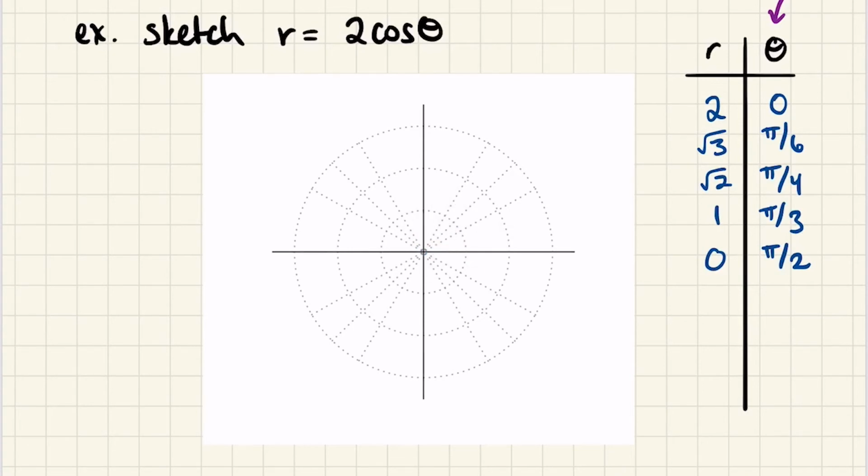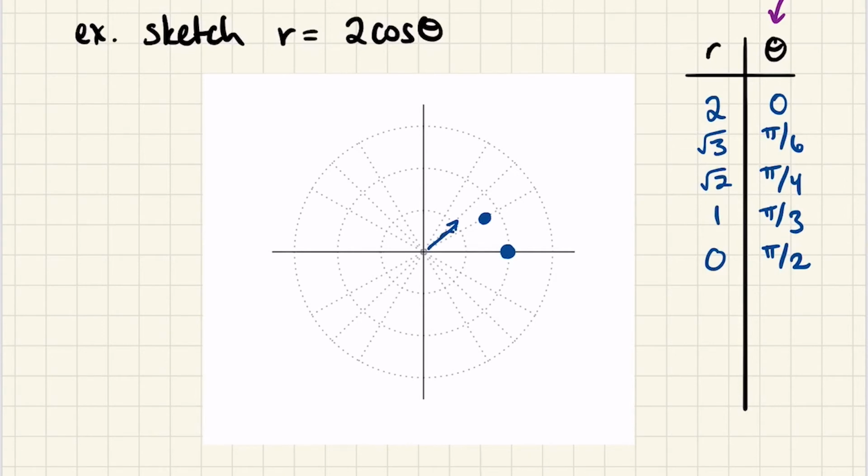So when theta is 0, r is 2, which means that there's our first dot. When theta is pi over 6, r is equal to rad 3. That's about 1.7. When theta is equal to pi over 4, r is equal to rad 2.